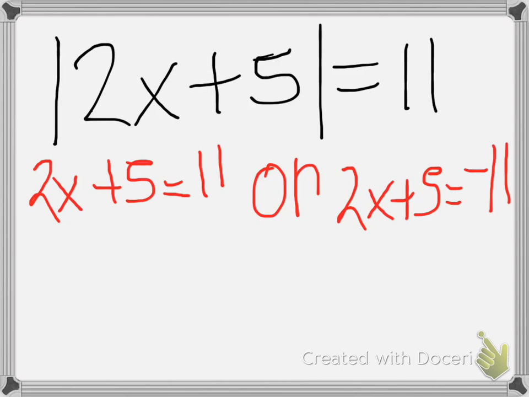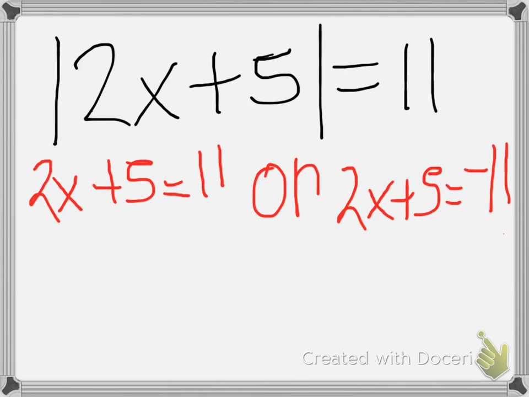It can be a positive or it can be a negative. So I'm going to write both equations without the absolute value symbols, and I'm going to make one a positive 11, the other one a negative 11. Now it actually looks like I have a disjunction, what we were talking about in the last lesson.